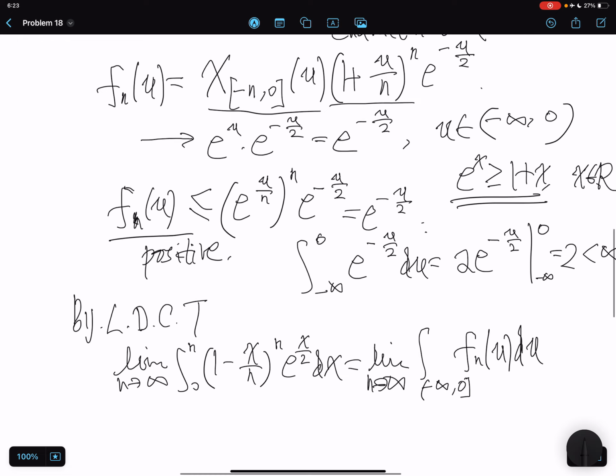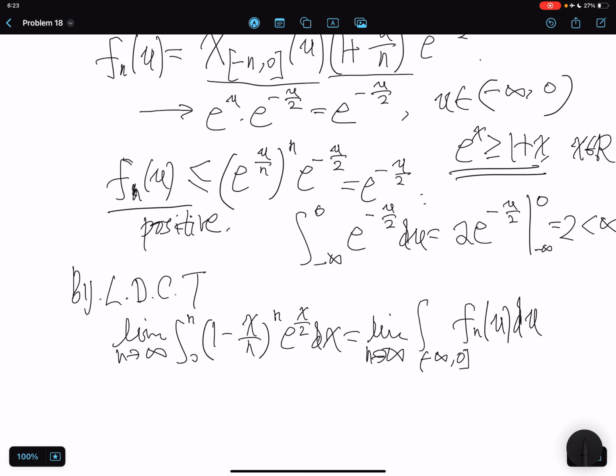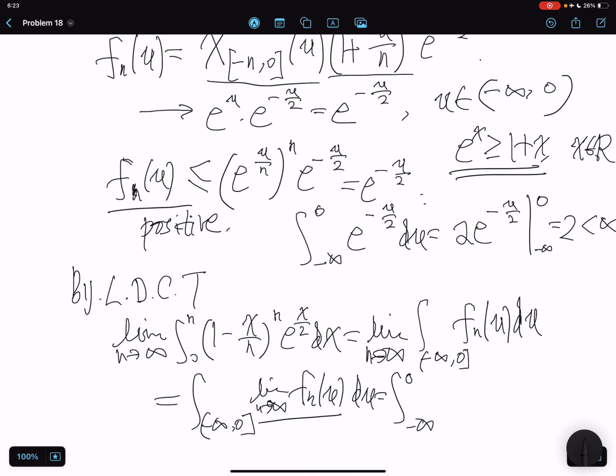Because we can then apply the Lebesgue dominated convergence theorem, passing the limit into this, which is the integral from minus infinity to 0 of the limit as n goes to infinity of f_n of u du. This is exactly the integral of e^(u/2) du, right? This is 2.